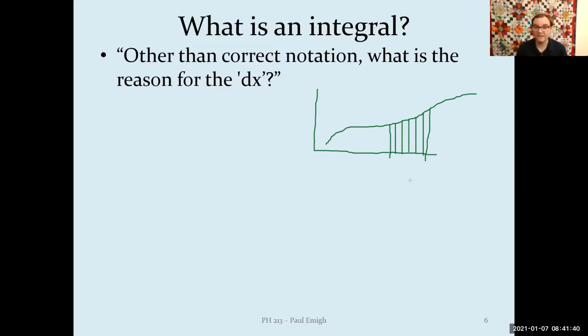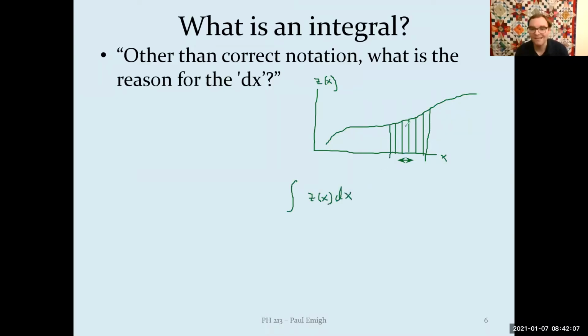That dx physically is the little width of any one of these rectangles. And when I look at the integral, if this is, let's call it z this time, z of x, and this is x over here, when I write down the integral of z of x dx, this really is a product.